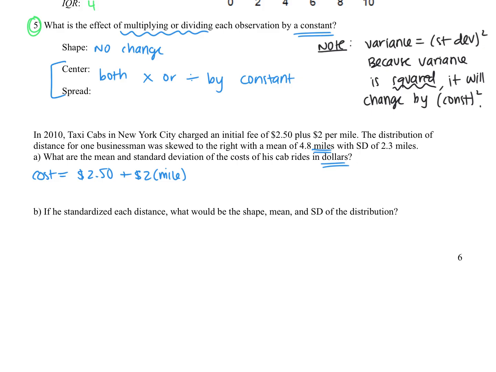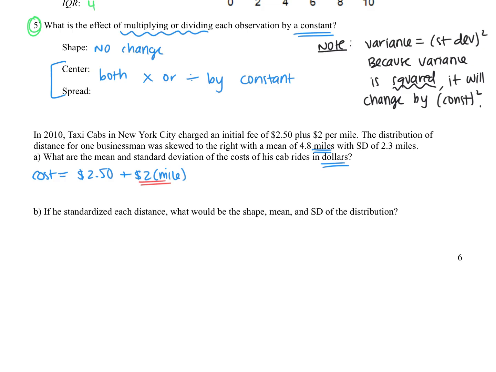I cannot stress enough, you have to write this rule or formula. Don't calculate the mean and standard deviation without having written a relationship. Okay, so then here is the question. If I multiply every number by 2, does that change the mean?